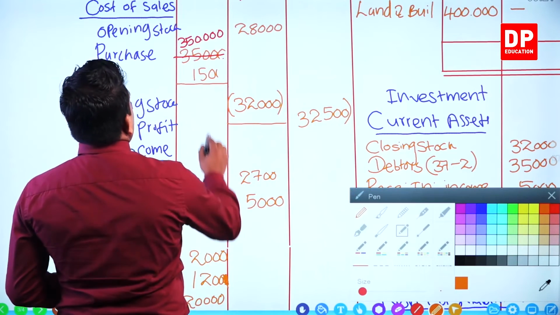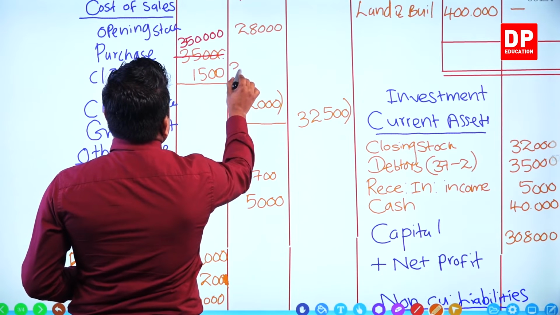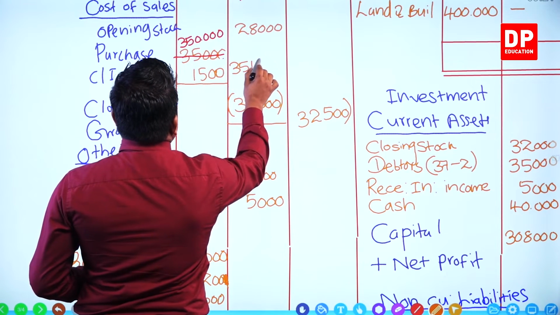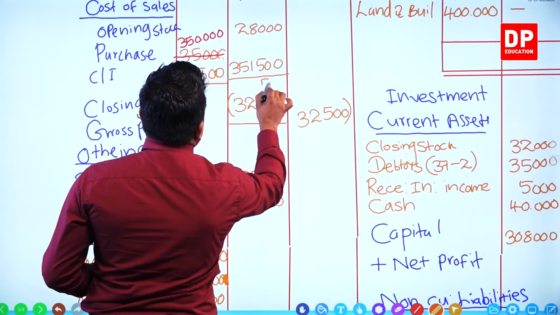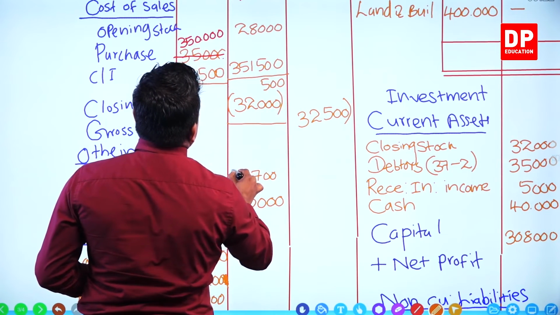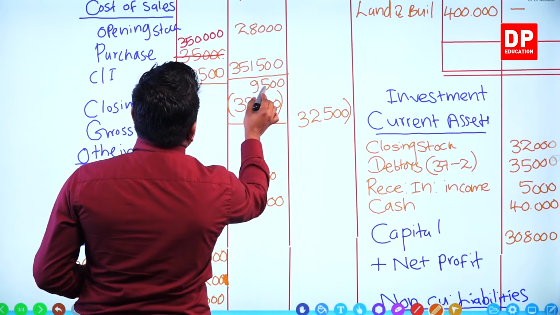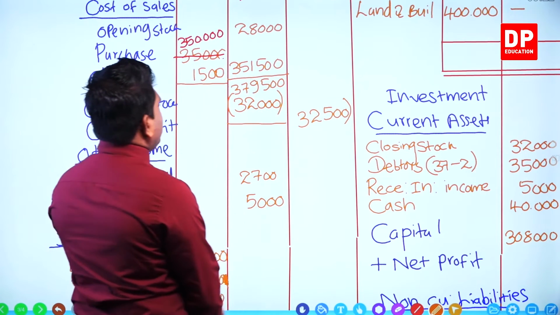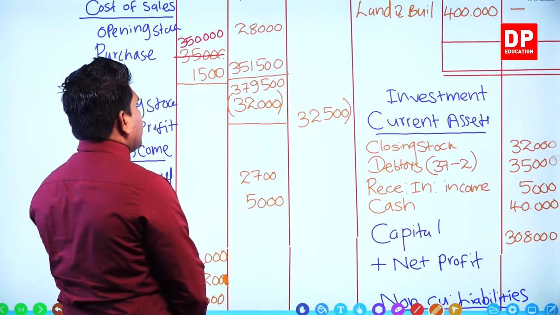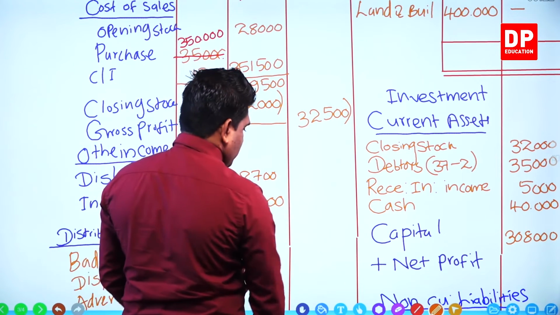351,500. Then you can add these two. How much? 379,500. From this you can subtract what? 32,500, right?